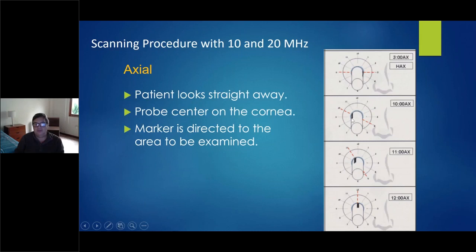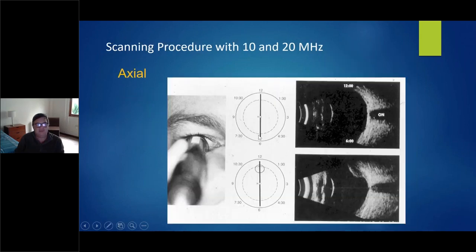If you make an axial shot, up will be 10, down will be 4, etc. Again, axial is 12, down is 6, and you can see the lesion which is near the 12 o'clock in this case.